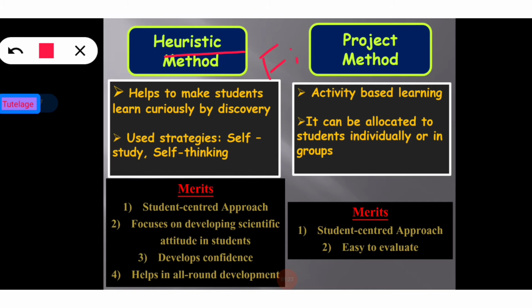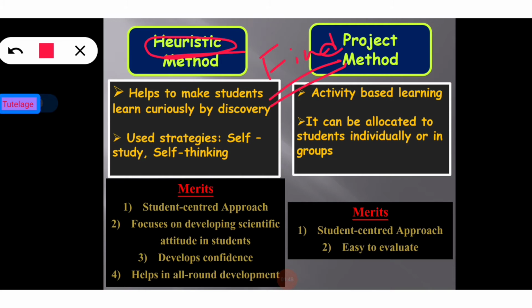So the word heuristic means find out something. Okay, so the main aim of the method is to make students learn curiously by discovery instead of receiving information as such from teachers. Okay, like lecture method.